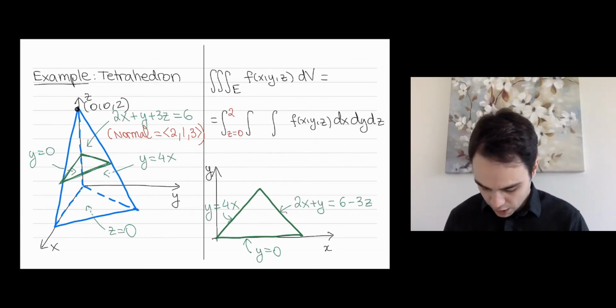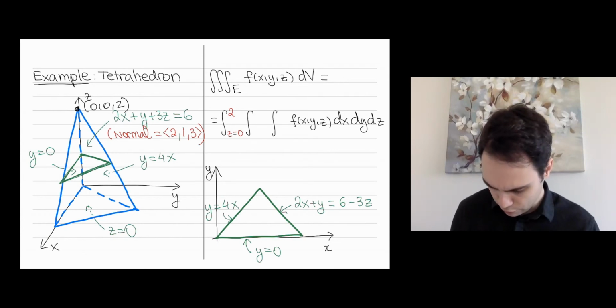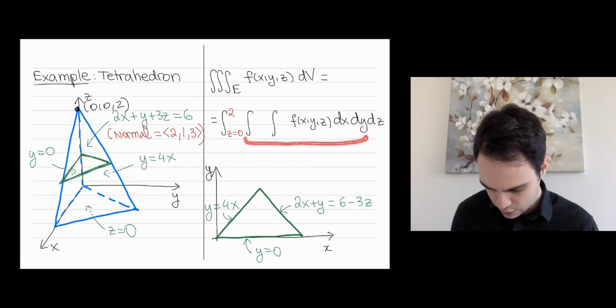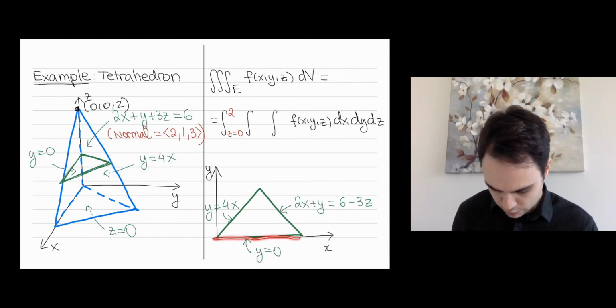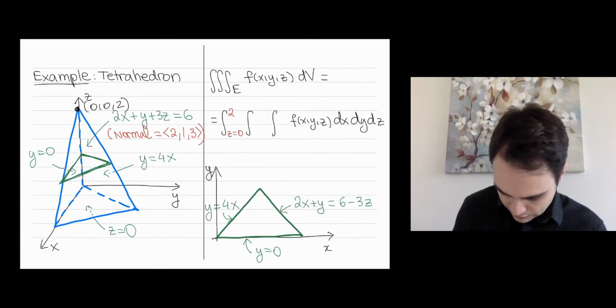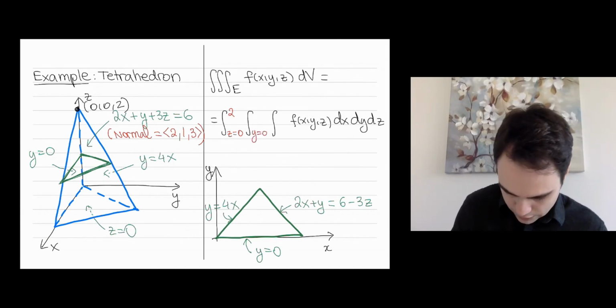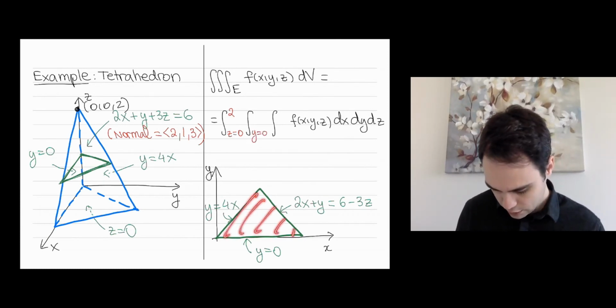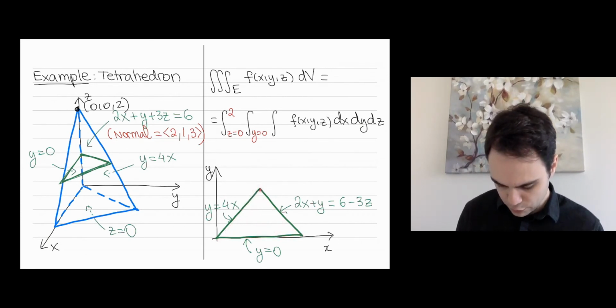I think I'll need more geometric information to set up this integral. So this double integral over the green triangle has dy outside, so I need to know the smallest and the maximum values of y in the picture. y starts at 0 in this green triangle, so it starts at 0 down here and stops at the y value of this point.